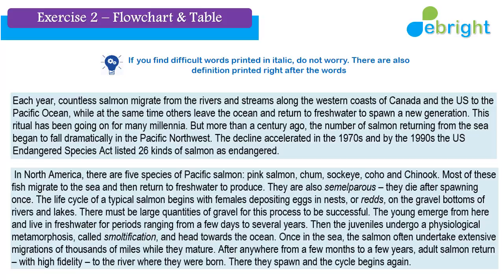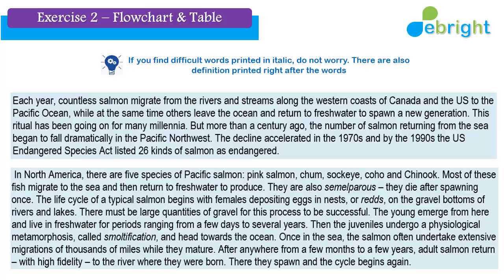The life cycle of typical salmon begins with females depositing eggs in nests or redds on the gravel bottoms of rivers and lakes. There must be large quantities of gravel for this process to be successful. The young emerge from here and live in fresh water for periods ranging from a few days to several years.